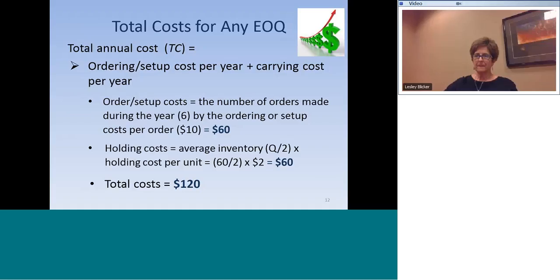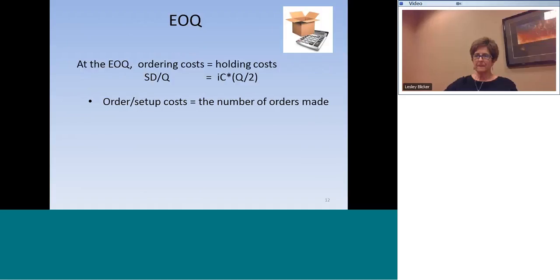Total costs, which are the ordering costs and holding costs, is 60 plus 60 for a total of $120. As already stated, at the EOQ, or the optimal order point, ordering costs should closely match, if not exactly equal, the holding costs.